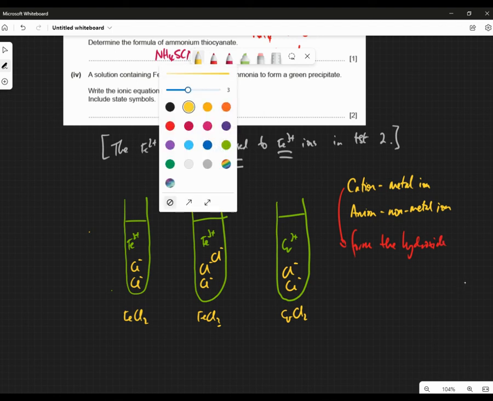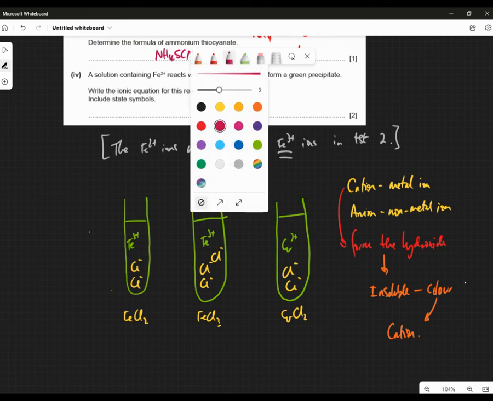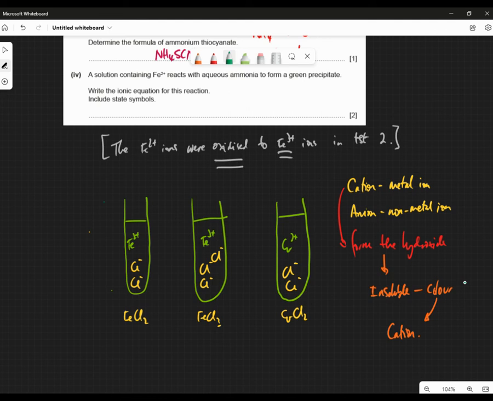Well, generally speaking, hydroxides are insoluble. Okay, and from the color of the hydroxide, we can tell what the cation is. Okay, so how do we find out what the cation is? Like from Form 4, how do we do this? Well, I haven't used that color before. All right, we add sodium hydroxide to each of them.